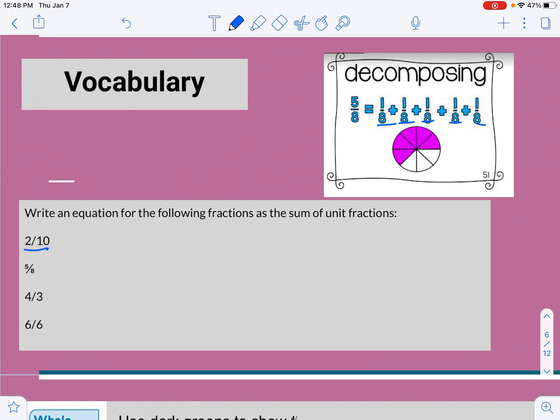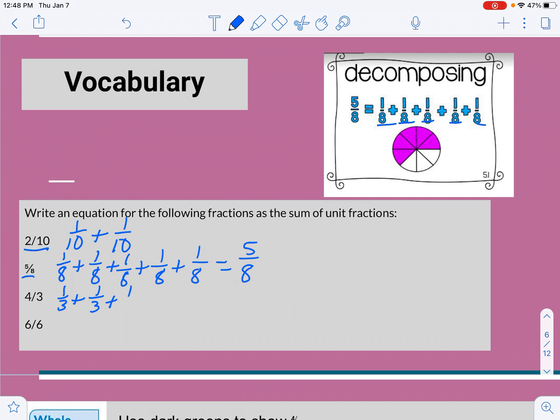So if we're looking at 2/10, we would break that down as 1/10 plus 1/10. If we have 5/8, we're going to have 1/8 plus 1/8 plus 1/8 plus 1/8 plus 1/8. I have 5 of them to equal 5/8. 4/3 is 1/3 plus 1/3 plus 1/3 plus 1/3.